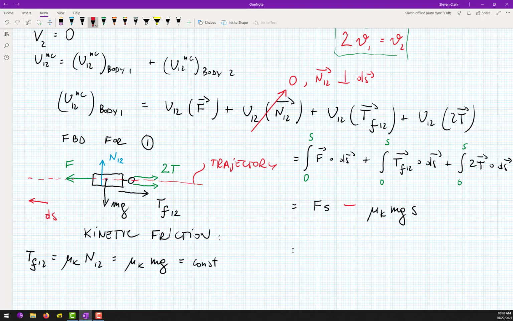That rope tension will also be constant. So we can write here 2TS, but also with a minus. That's it. That's our work done on body 1.